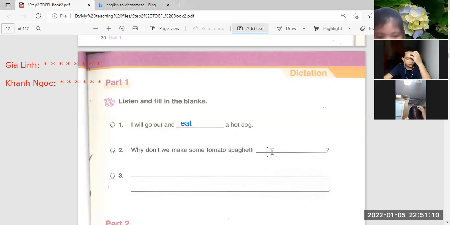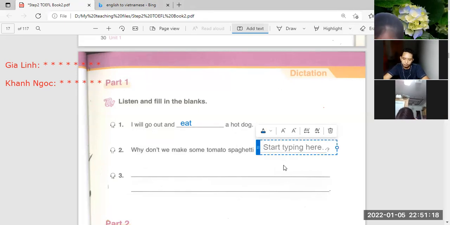Why don't we make some tomato spaghetti? Spaghetti. I think it. What is your answer?